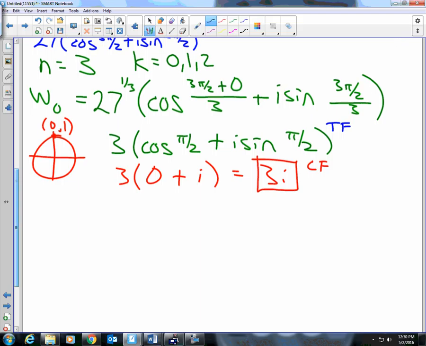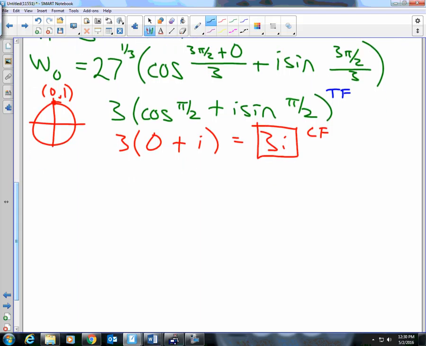Actually, pretty similarly. Instead of finding w sub 0, now we move on to w sub 1.